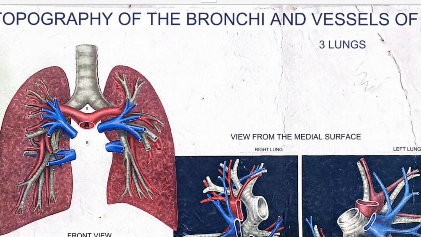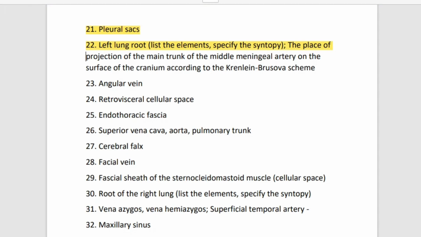And the syntopy of the left root of the lung, first supero-inferiorly, will come the pulmonary artery, then the main bronchus, then the pulmonary vein. So it's ABV. For the right one, it's BAV, and for the left one, it's ABV, as you can see here. Okay, so next structure we have, angular vein.